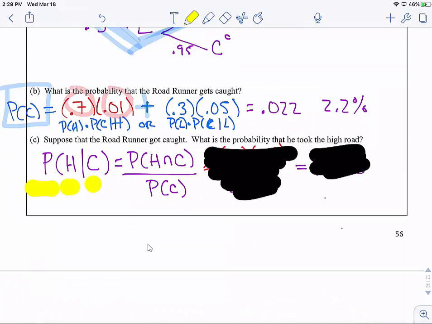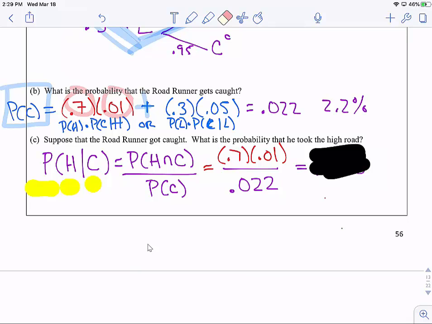So that formula is the same as the probability of high road and caught all over the probability of caught. Okay, so you can just put the numbers in. This right here is my denominator. Okay, and I simplify, so 0.318. There's a 31.8% chance that he took the high road if we know he got caught.